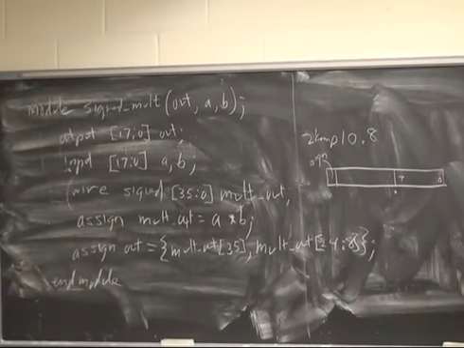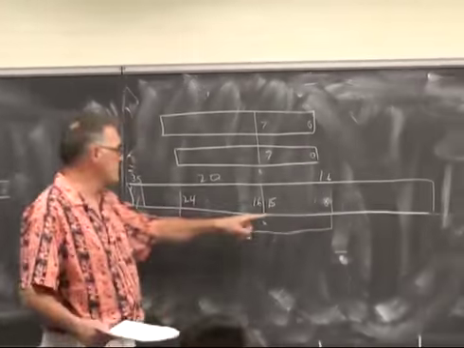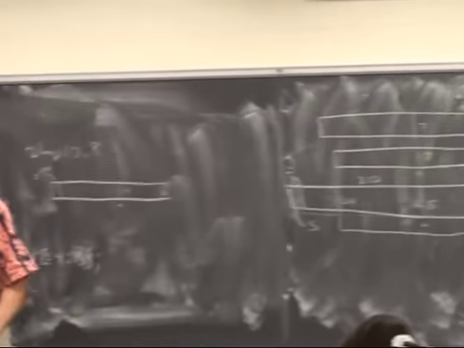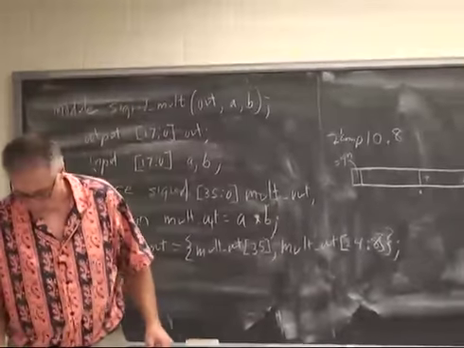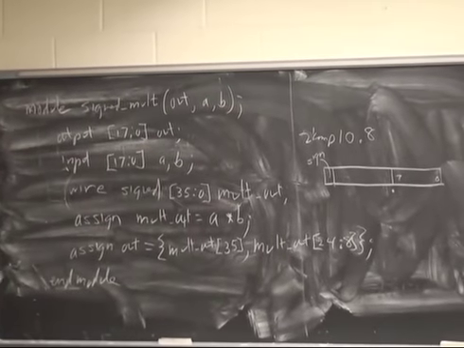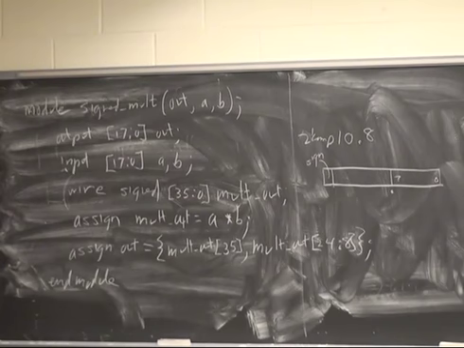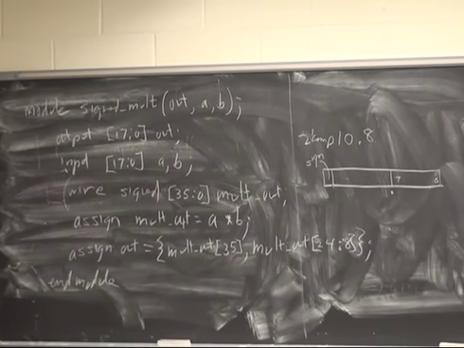So 24 minus 8 is 16 plus 1 is 17 plus the sign bit is 18 bits. So we multiply two 18-bit numbers, we get an 18-bit result, which we can store back into memory.